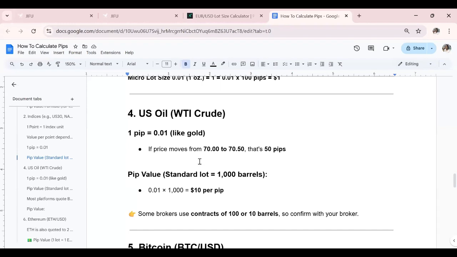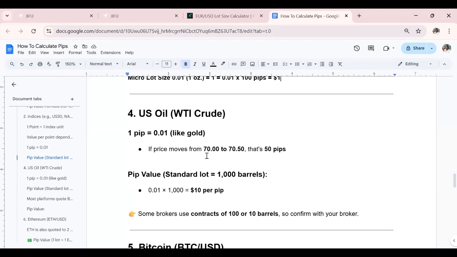If the price moves, and it's very important because sometimes people make mistakes with calculating this US oil, if the price moves from 70 to 70.5, it has moved 50 pips. If the price moves from 70 to 71, it has moved 100 pips.